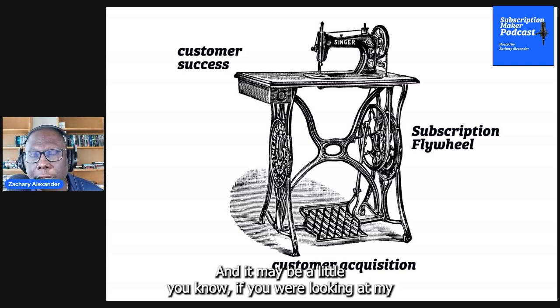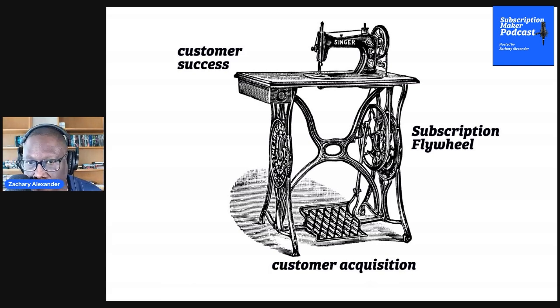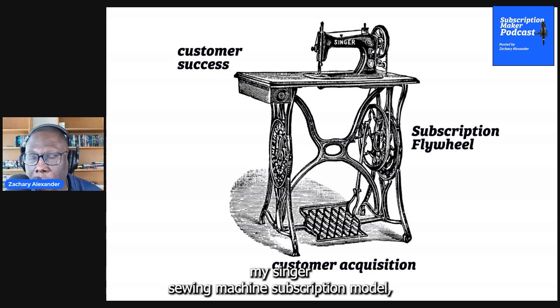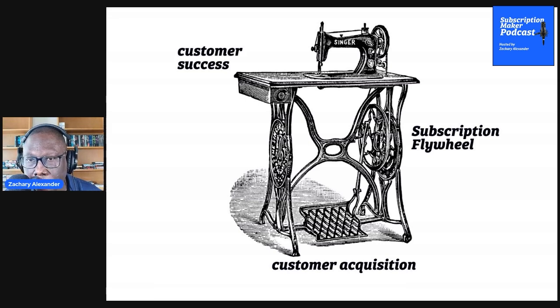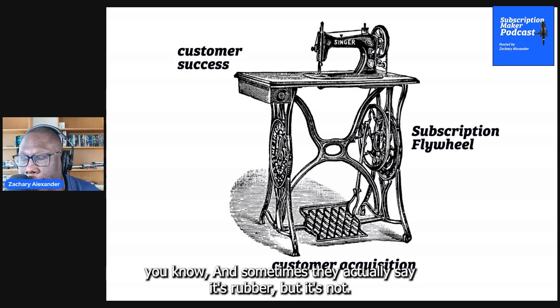If you were looking at my Singer sewing machine subscription model, what you would see is a leather belt. Sometimes they actually say it's rubber, but it's not.